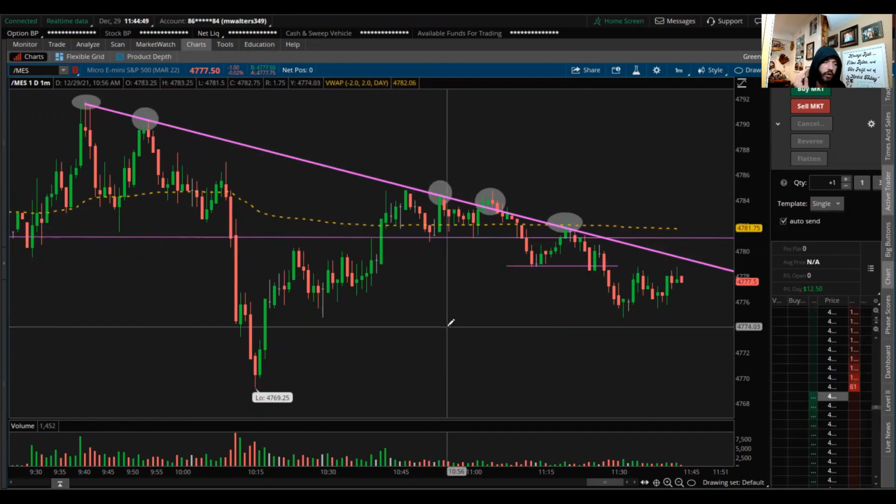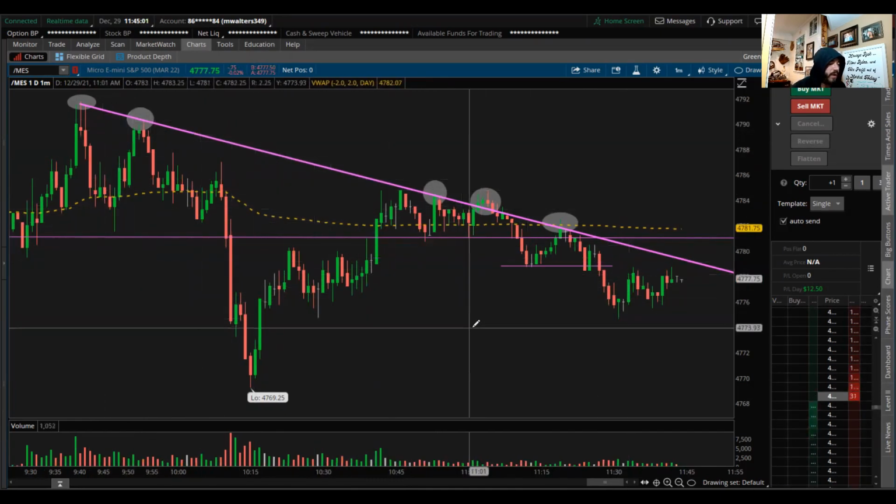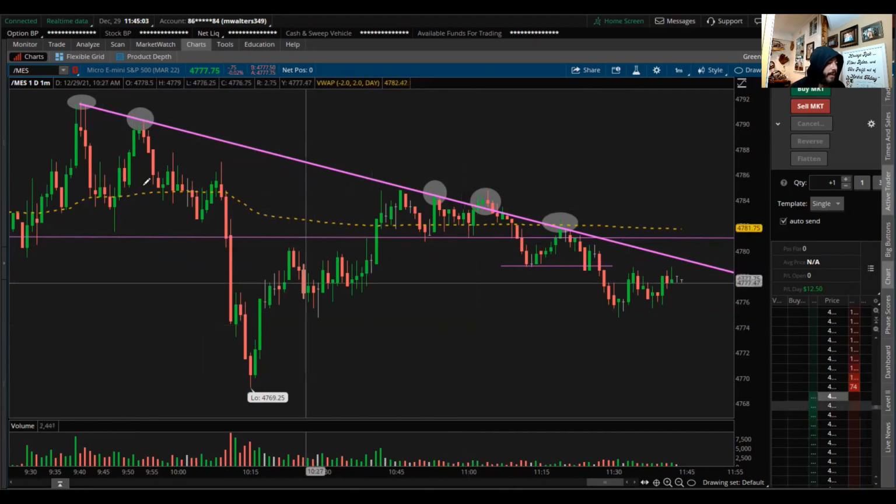Now, we've had huge green days, with the exception of yesterday, which was just a choppy day. We have seen really, really big moves happen. So this cooling off, it's nothing to be scared about.